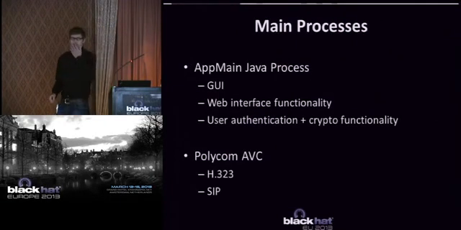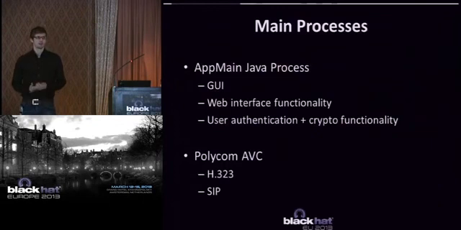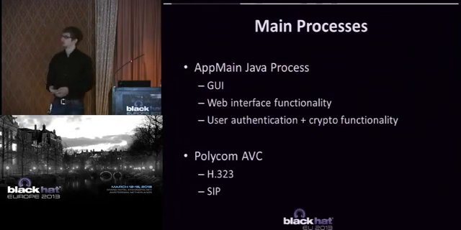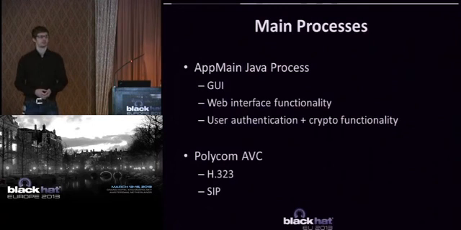So there are two processes running which are more important than others when it comes to bug hunting. The first one is called the AppMain Java process, which is basically responsible for the GUI, and it also implements web functionality.